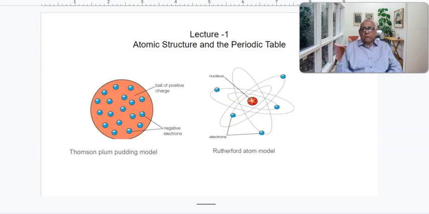When I was talking about Thomson's plum pudding model, you see the plum pudding model structure here, and Rutherford's atomic model, which is known as the Rutherford nuclear atom model. As soon as Rutherford published this, the Thomson plum pudding model was redundant.